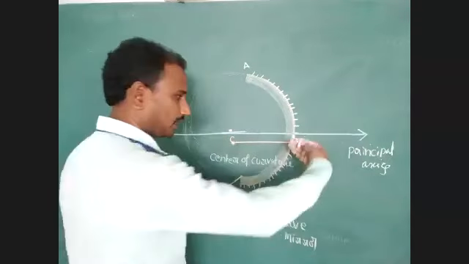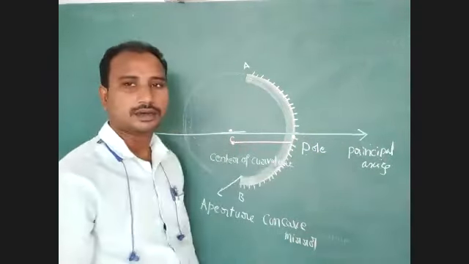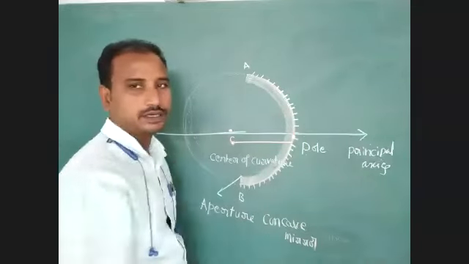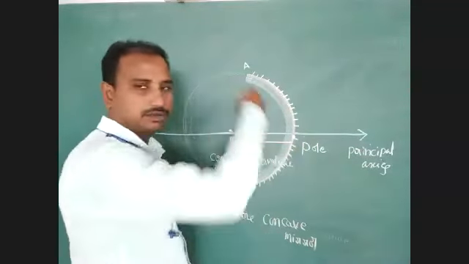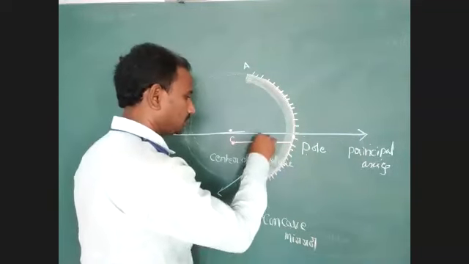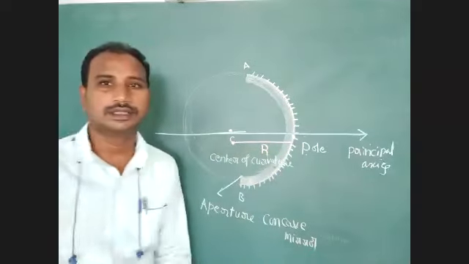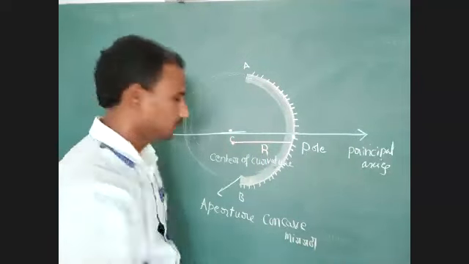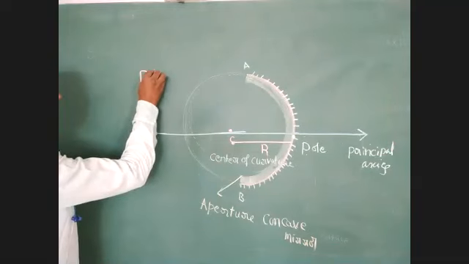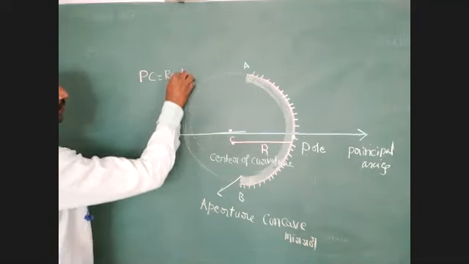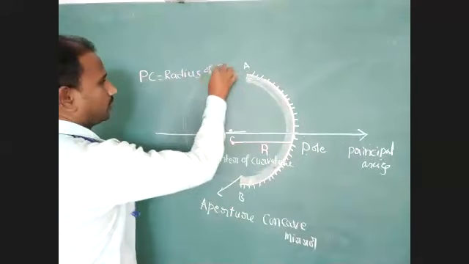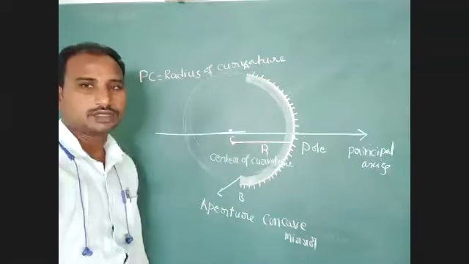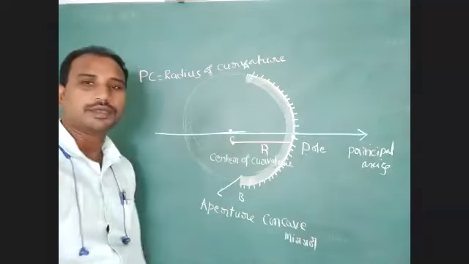Identify the center of the sphere: the length from the center to the circumference of the sphere is equal to the radius of curvature, R. So here we can identify PC equal to the radius of curvature.